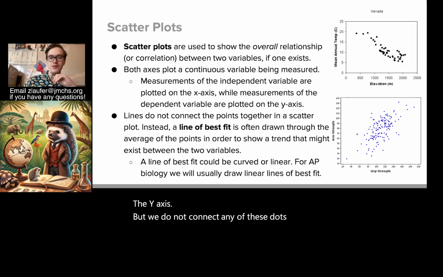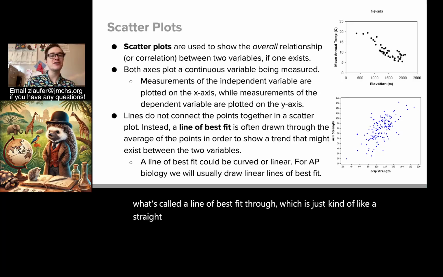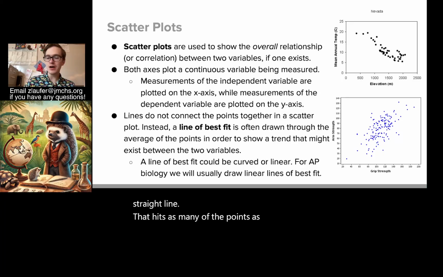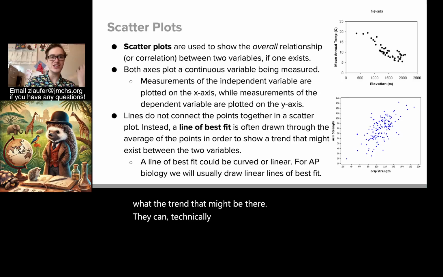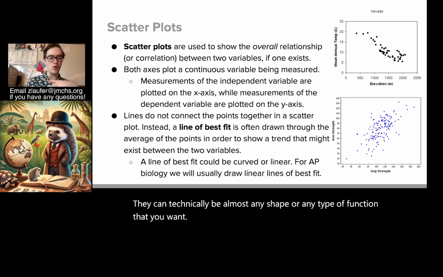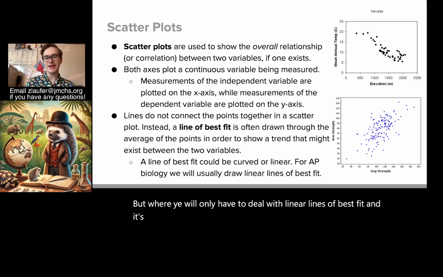But we do not connect any of these dots together. We can draw what's called a line of best fit through, which is just kind of like a straight line that hits as many of the points as possible. It's trying to show what trend might be there. They can technically be almost any shape or any type of function, but we will only have to deal with linear lines of best fit, and it's generally just, can you pick out the trend?